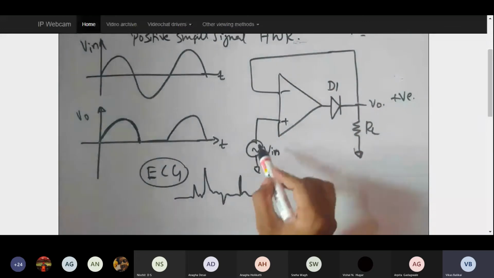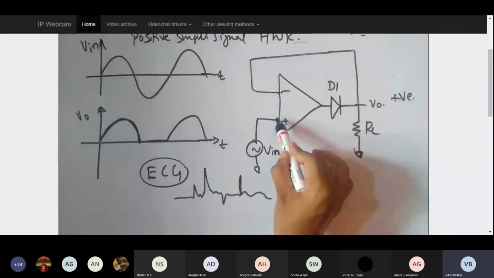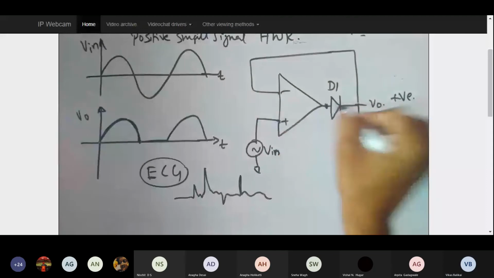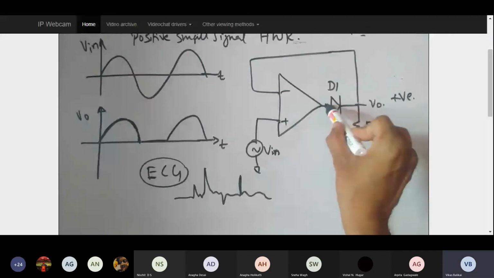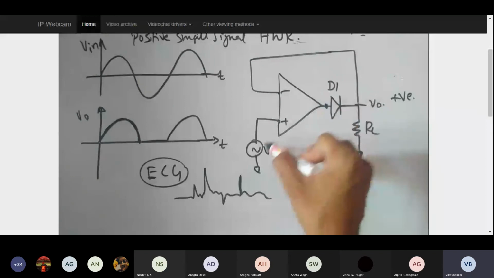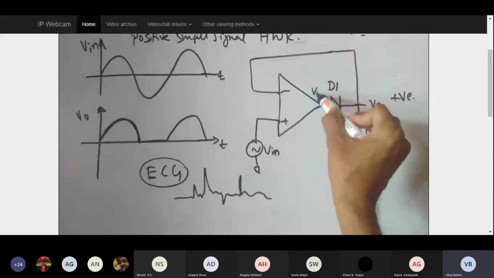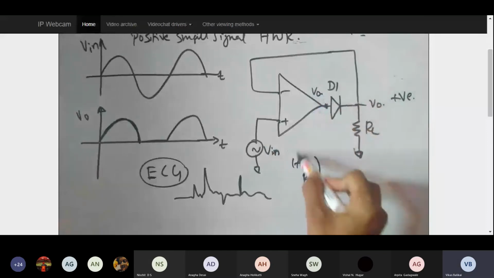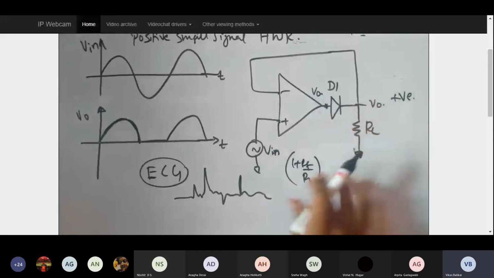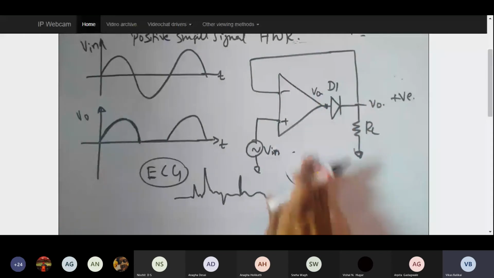When I give the input, based on whatever my input is, as per the gain equation of my non-inverting amplifier, it will come over here and give me the output. What was our gain equation? 1 plus RF by R1. Here there is no RF or R1, which means whatever is the input is going to come over here.